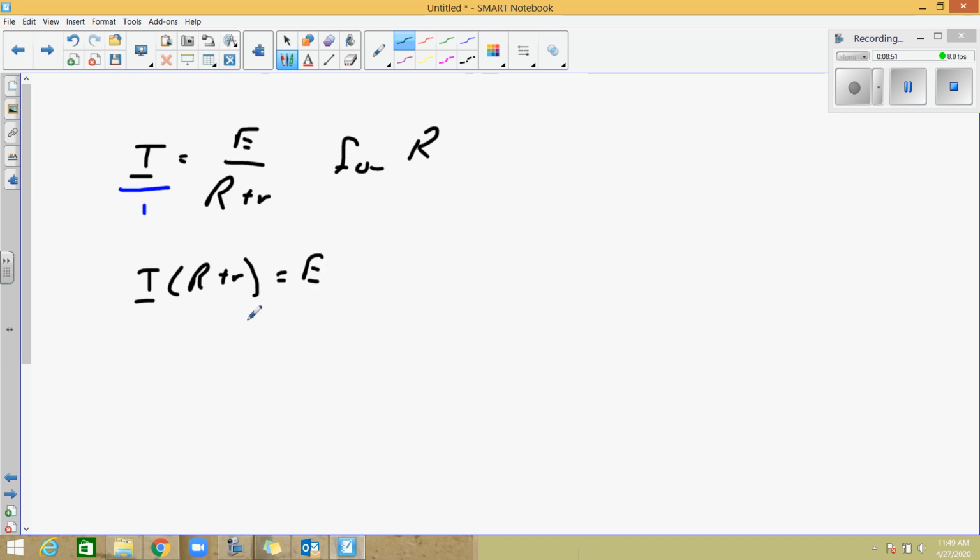Now my r is at least on this side. Divide both sides by I, and I get R plus lowercase r equals e over I. Now I'm going to subtract the capital R off. So I get r equals e over I minus R, because R will not combine with that term. And so that's my answer.